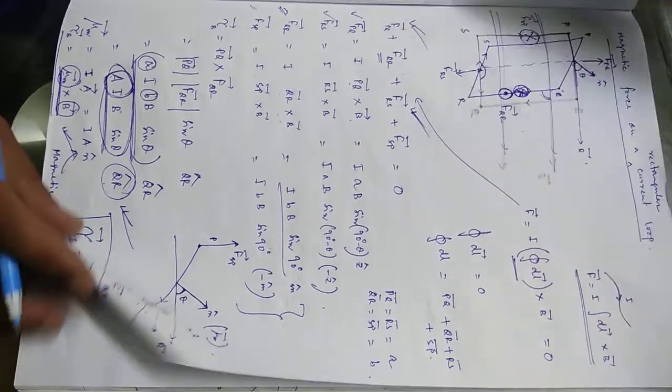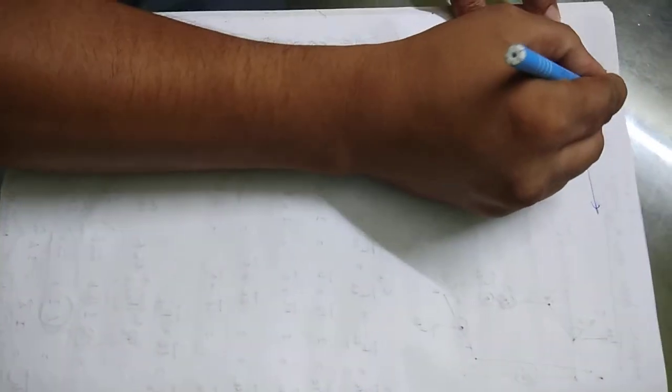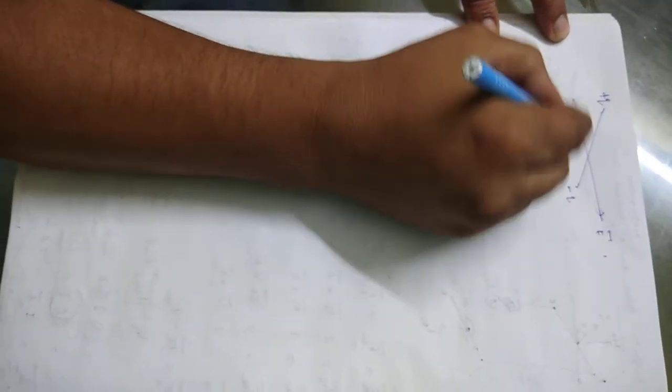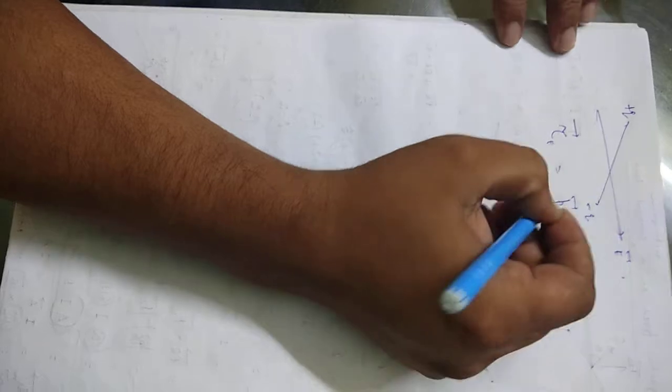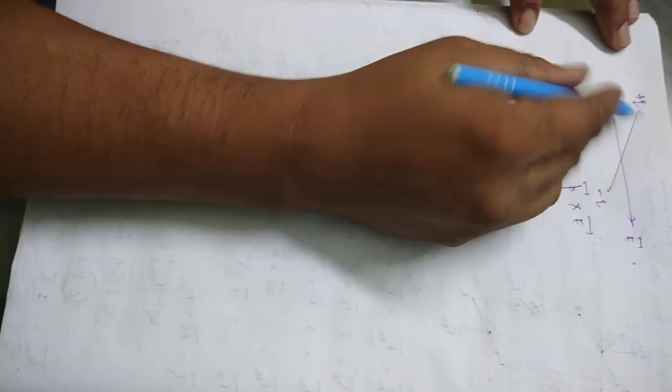Now you have learned electrostatics. In electrostatics you know the torque applied on an electric dipole, plus q and minus q, placed in an electric field. What was the torque? Torque due to the electric field was P cross E. P was referred to as the dipole moment of the electric dipole.